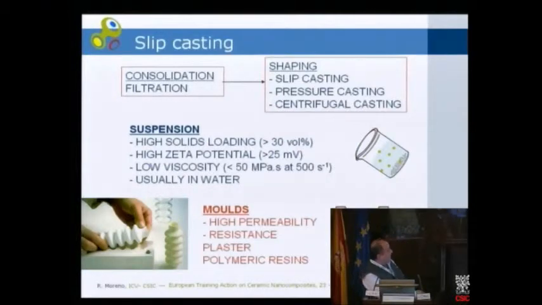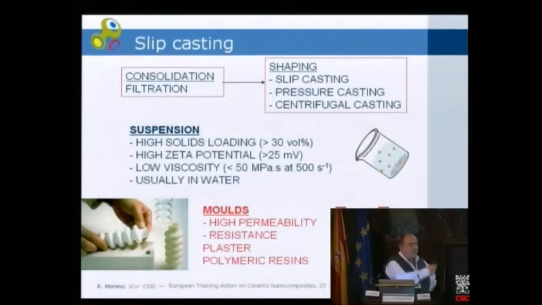The other aspect to be considered is the mold. We need a high permeability with open channels to allow the migration of water during filtration, and relatively high resistance. This is a limiting problem for industrialization.